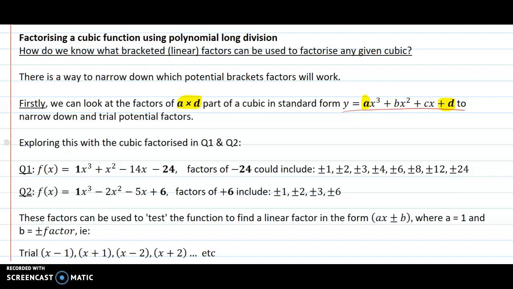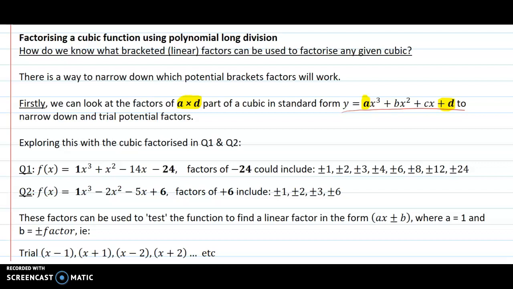So for example, I've got two little cubics here to factorise. I've got x cubed plus x squared minus 14x minus 24, and x cubed minus 2x squared minus 5x plus 6.